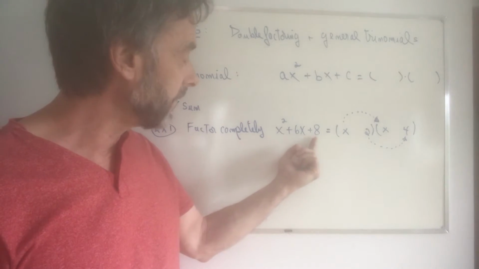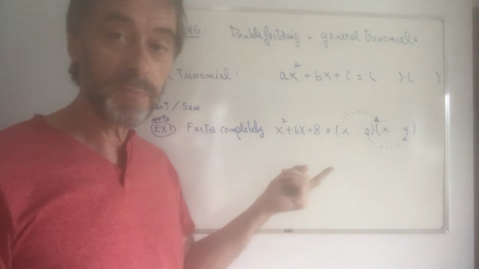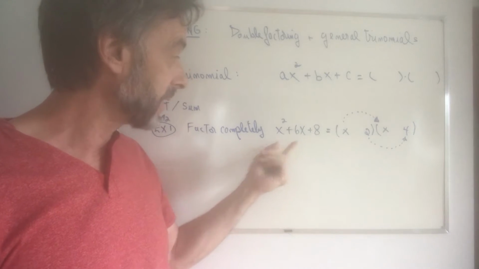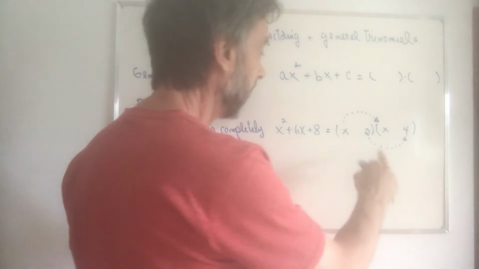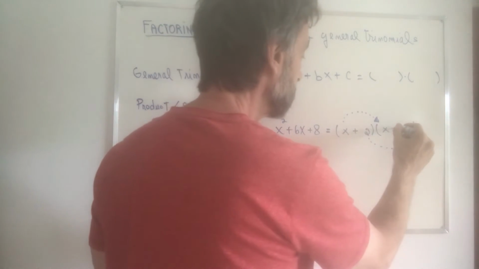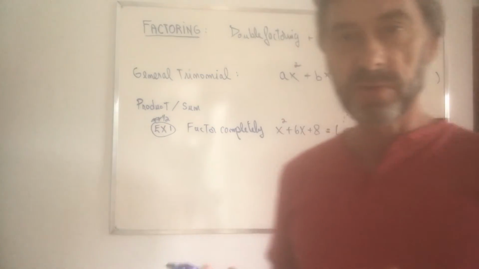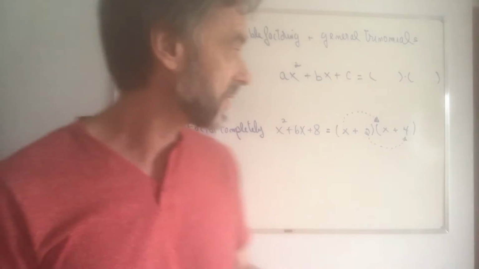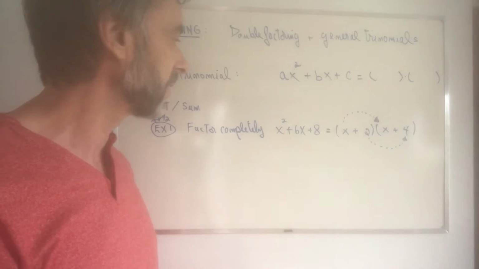So basically, I want to know what are going to be the signs that I should be putting in there so that when I FOIL it out, I get back to this. Well, clearly, 2x plus 4x is 6x. So that's one, I would say, fairly trivial way of factoring guys like this, by just playing around, doing the trial and error sort of thing.